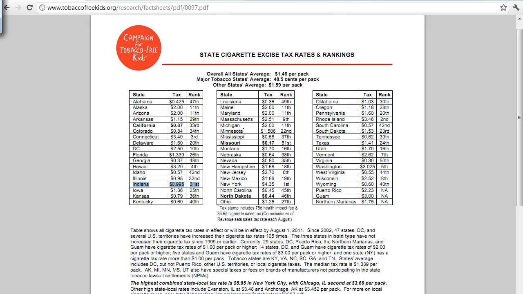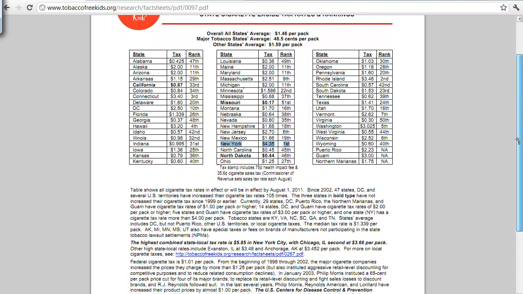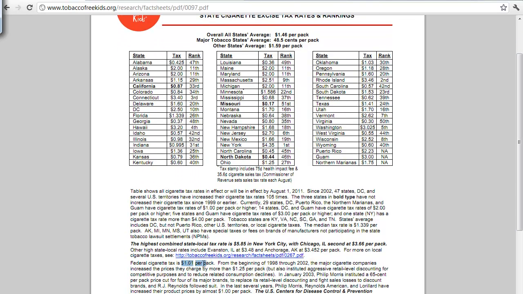The first is New York with $4.35, and that's just the state excise tax. Cigarettes cost more than $10 a pack in New York City because of a combination of state, city, and federal taxes. There's also a federal excise tax on cigarettes, which applies on top of the numbers you see here, which latest is $1.01 per pack.